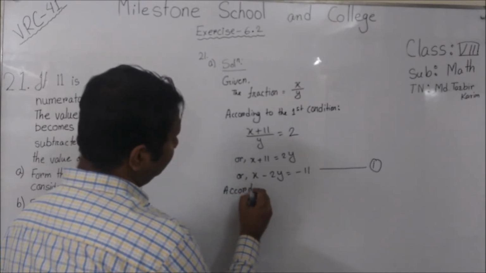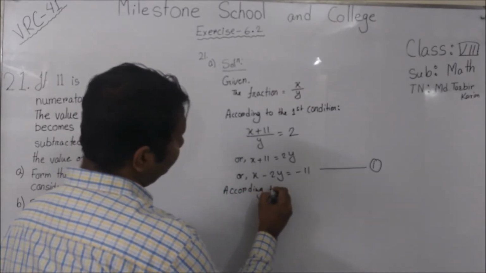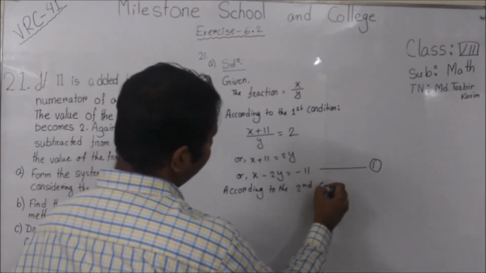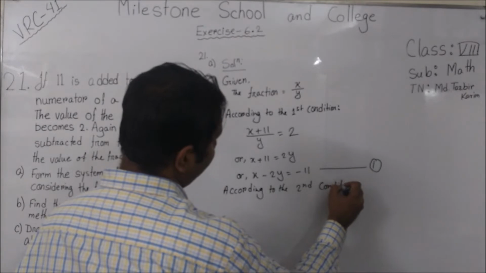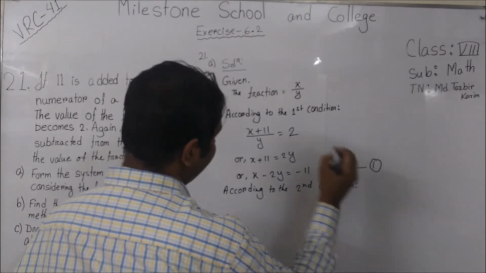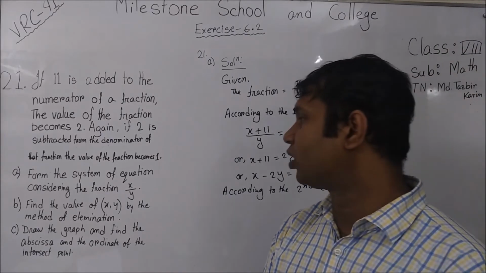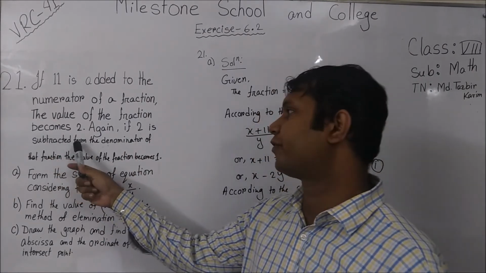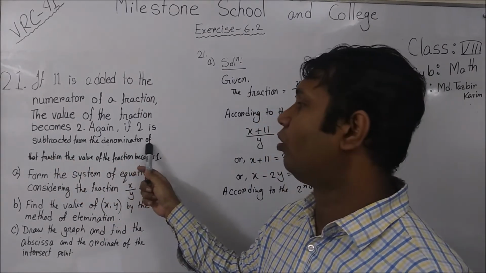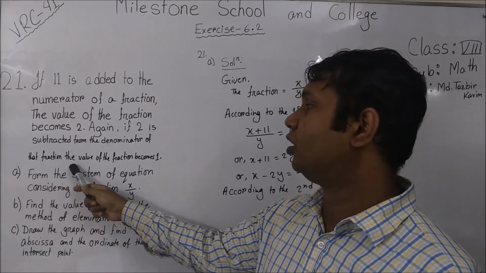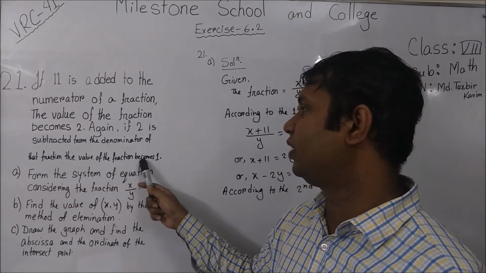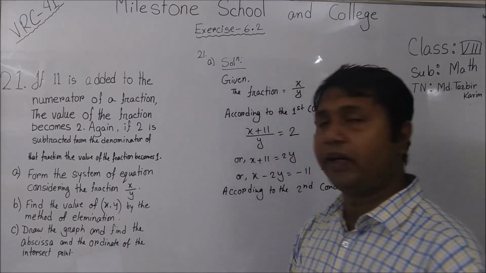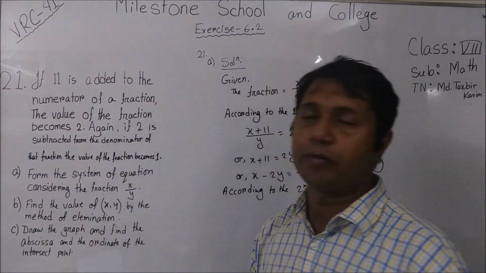According to the second condition, try to understand. Now look at the second condition that is told to you. If 2 is subtracted from the denominator of that fraction, the value of the fraction becomes 1. Again, 2 is subtracted from where?